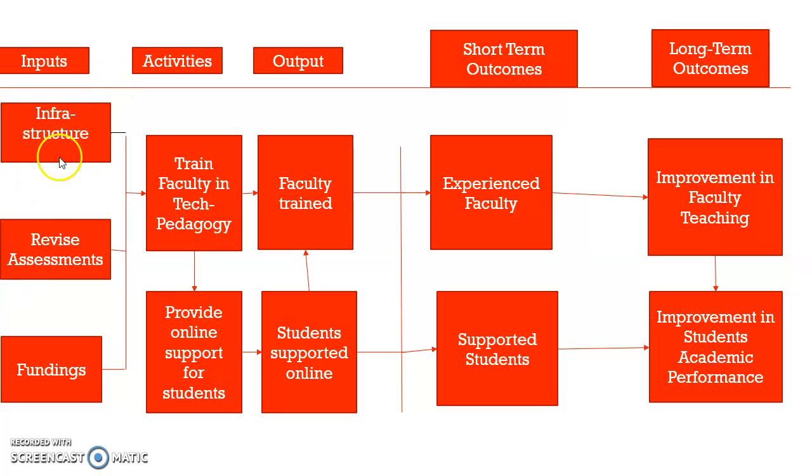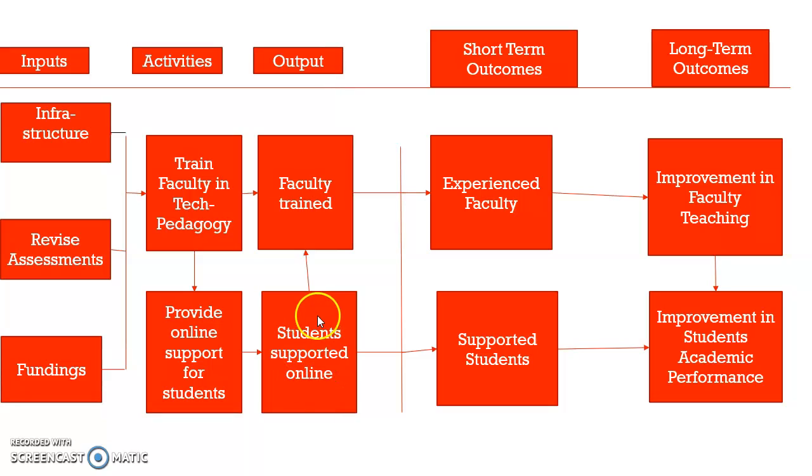Now, when we look at the inputs, they would result in these activities: training of faculty in tech pedagogy, providing online support for students, and the output would be that we have a trained faculty and students supported in the online environment.